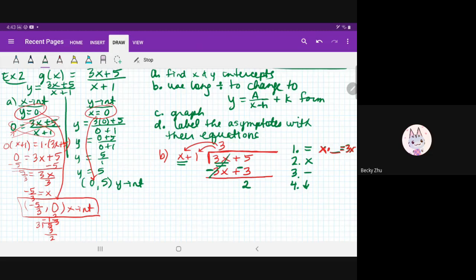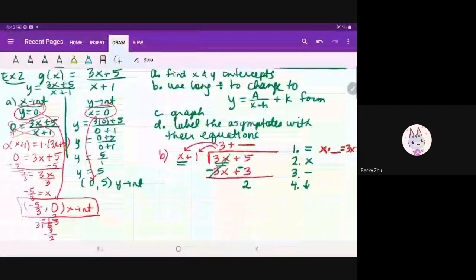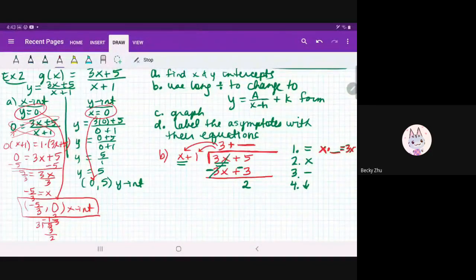Okay, and then when we're writing our answer in the numerator, we have to put a plus because it's algebra. And then what goes in the numerator? Do you remember what goes in the numerator from the last problem? Yes, so 2 goes in the numerator, and then what goes in the denominator?